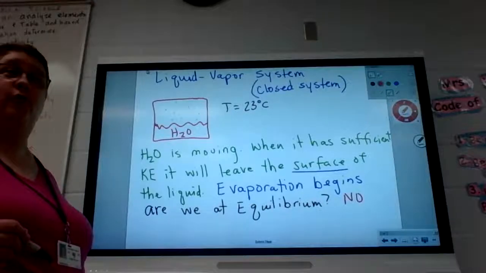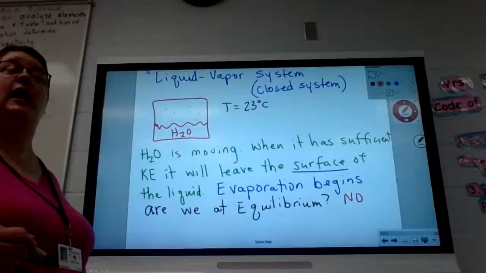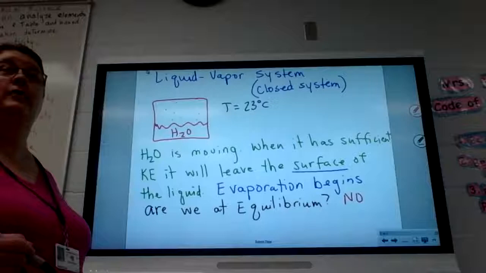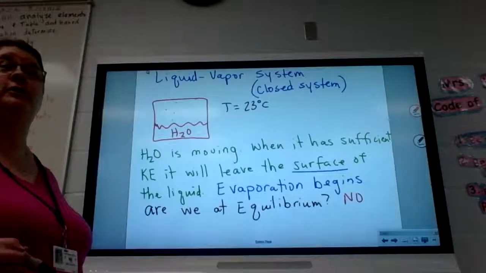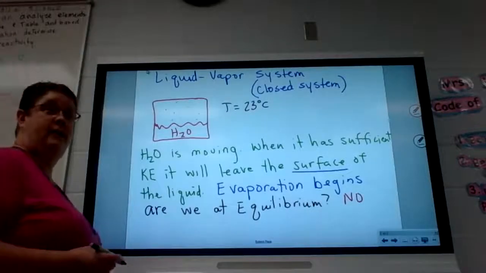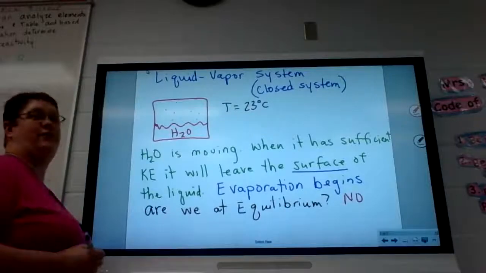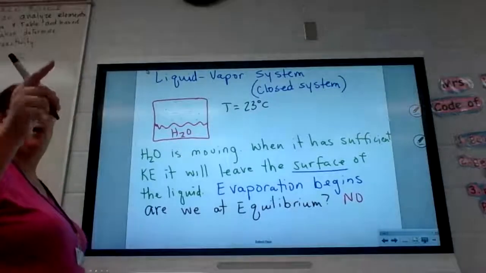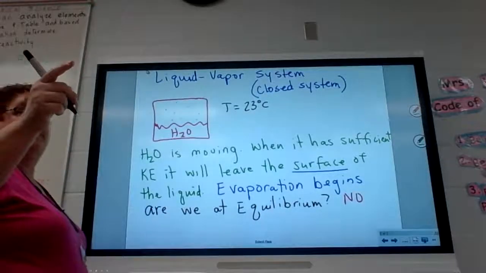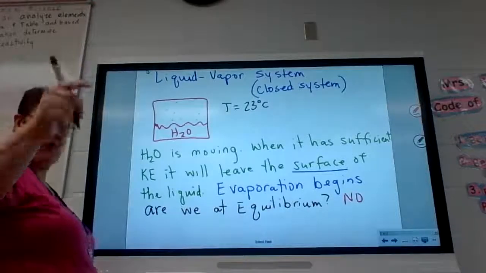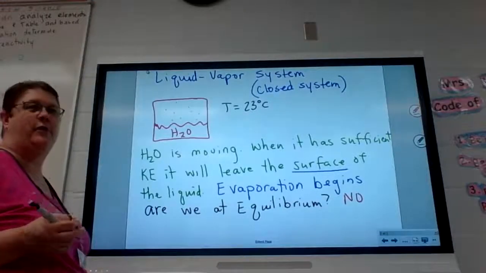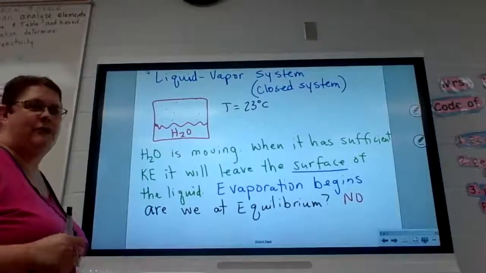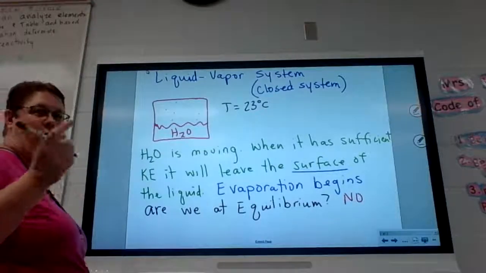You're right in that no, we need what? What's the opposite of evaporation? Condensation. Freezing is the opposite of what? Melting. That's right. So the opposite of evaporation would be condensation. You had the right idea, you just used the wrong phase change.